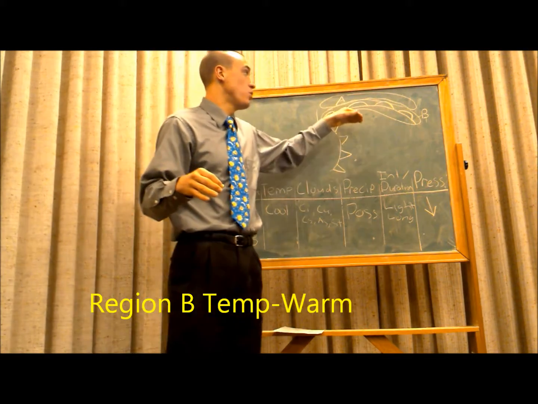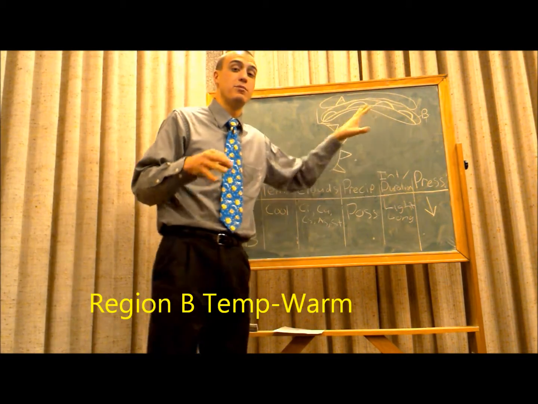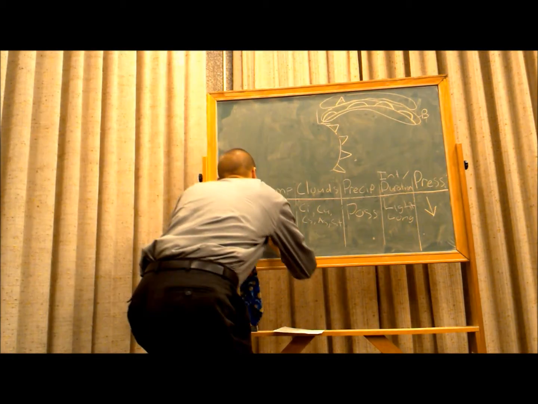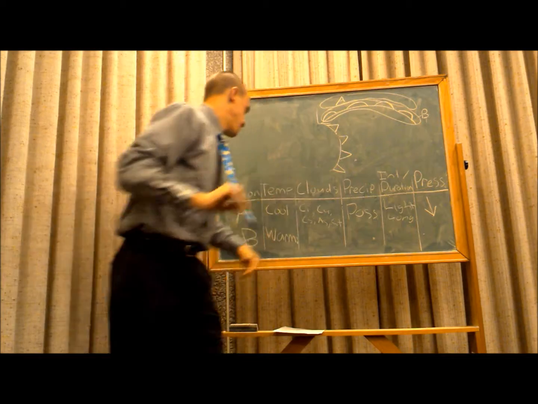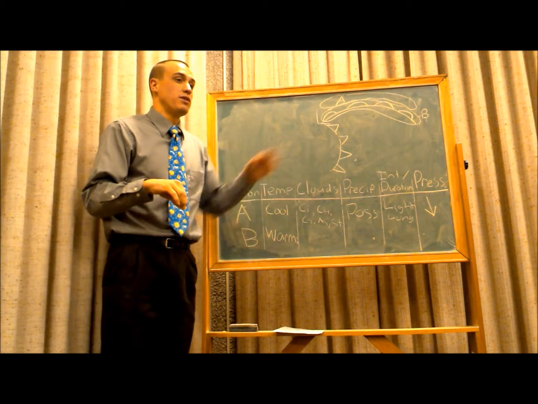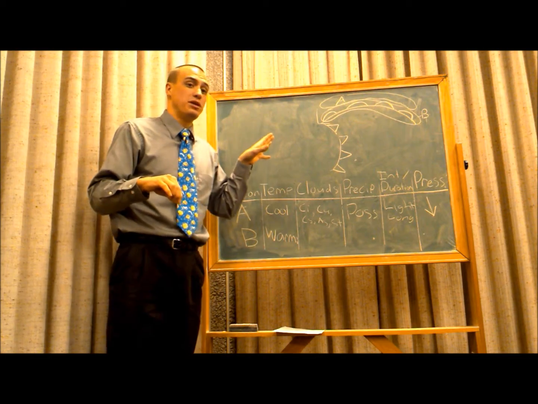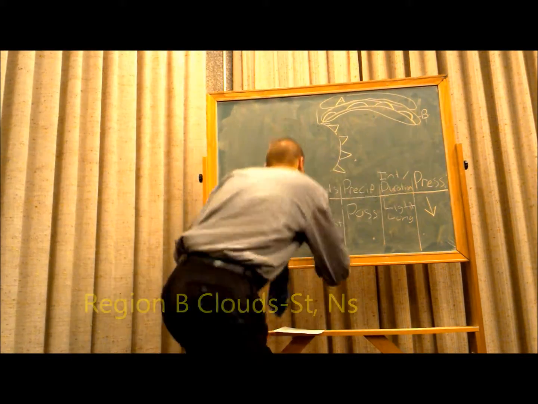And that's because the warm front is moving through Section B of the geography of the mid-latitude cyclone. Now, the clouds that are present at this section are stratus and nimbostratus clouds.